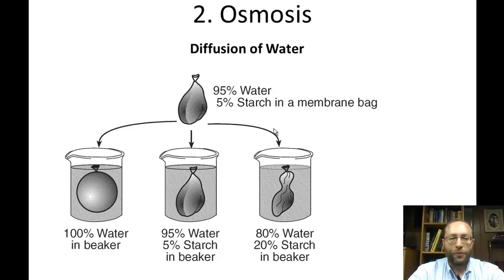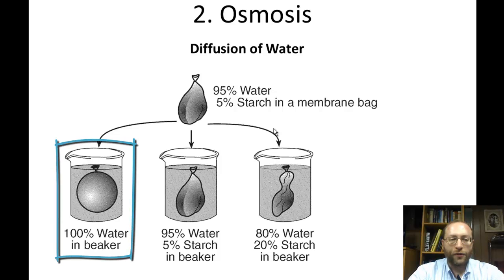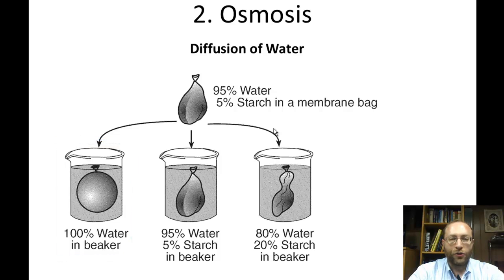It will let the water through, but it won't let the starch through. And if you put it into a beaker where the water is 100%, that means that the water is going to diffuse into the cell because it goes from higher concentration of 100 to lower of 95. And as the water goes into that bag, because there's more water, the bag is going to expand.